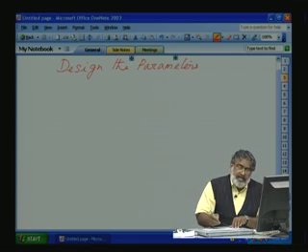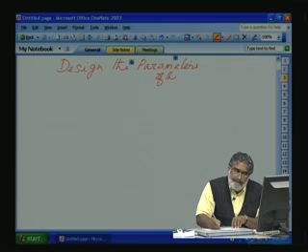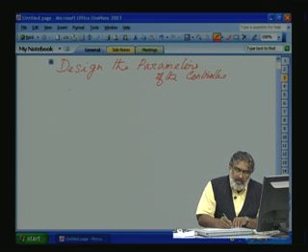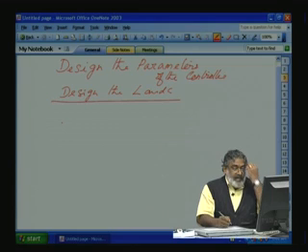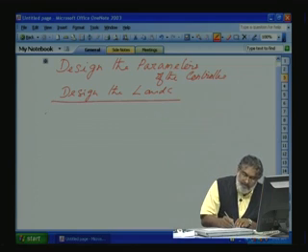Design the parameters and the component values, parameters of the controller, and also first design the components L and C. Let us take an input voltage, because this is what I simulated.